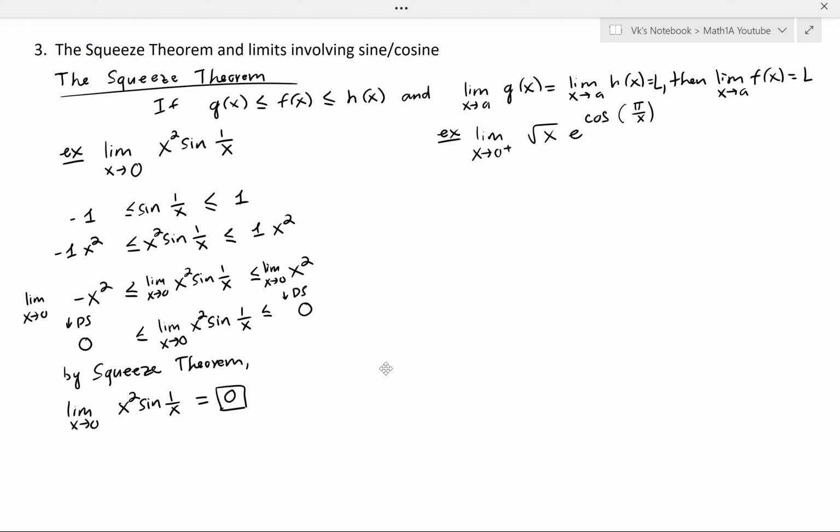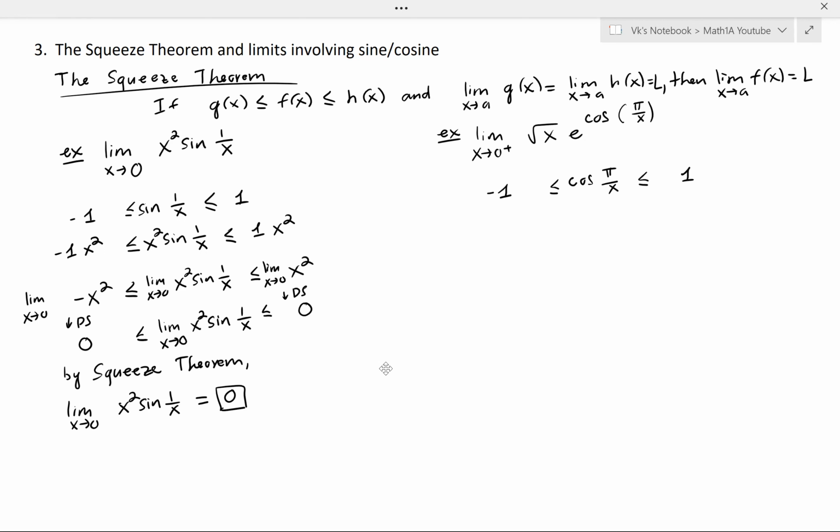Similarly, if you look at this problem here, root x times e to the cosine of pi over x, we have pi divided by 0 on the right side. For cosine, it's not simple because cosine goes up and down. So the best way to approach this limit is to take a look at cosine. The cosine of pi over x is between -1 and 1.